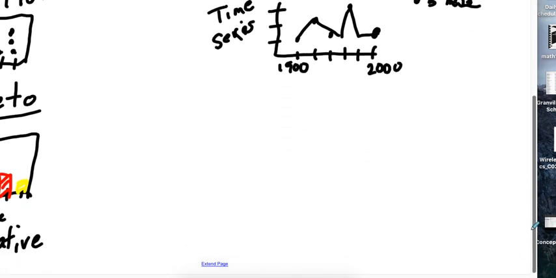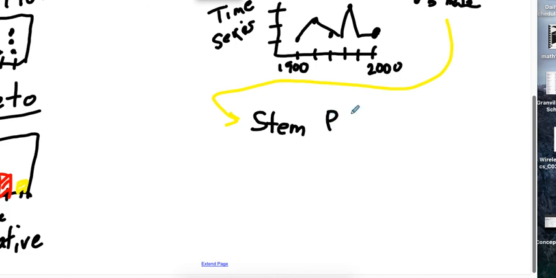On your paper, you'll find a spot to put it. And I'm going to talk about another subcategory of the histogram. And it's actually what we call a stem and leaf, or usually we just call it a stem plot. And with a stem plot, it's going to look something like this.